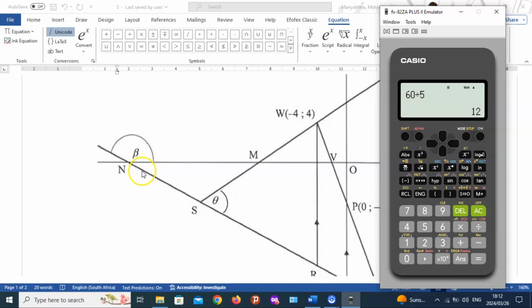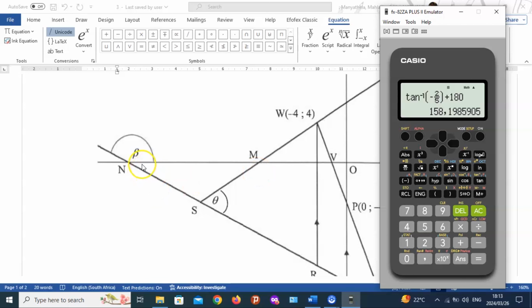How am I going to find this angle? I have the gradient of this line, and the angle thereof is beta. So I will say shift tan of -2 over 5, plus 180 degrees, because it's an obtuse angle, which gives me 158.1985905. That's angle beta.